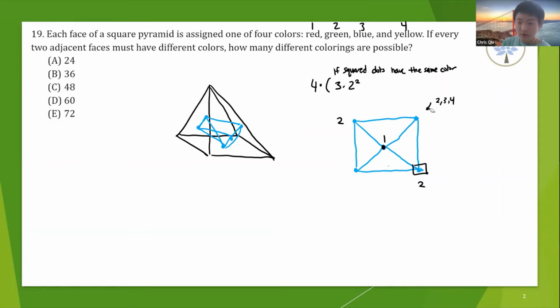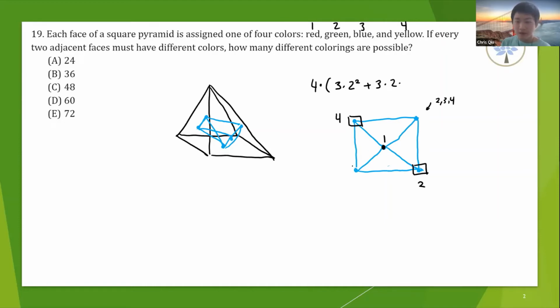And now we consider, what if these 2 dots have different colors? So now we're in our second case, which is our other case, if these 2 dots have different colors. So there are 3 ways to choose whatever color we choose for this dot. Let's say it's 2. And there are 2 ways to choose the color for this dot. Let's say it's 4.